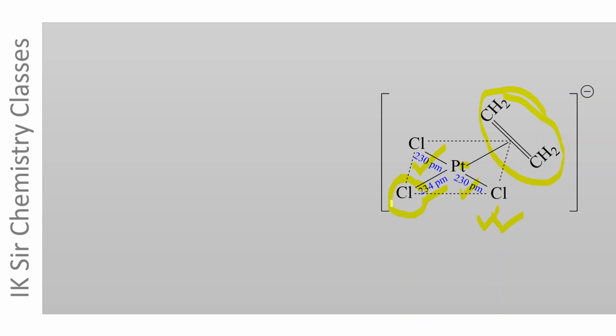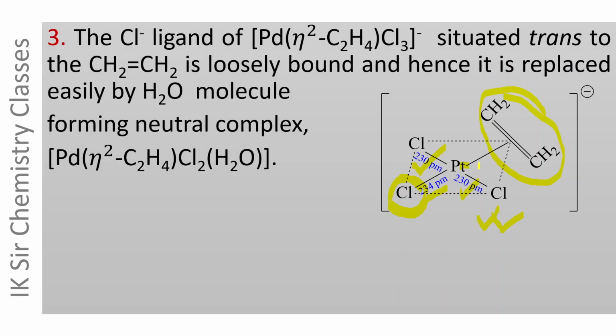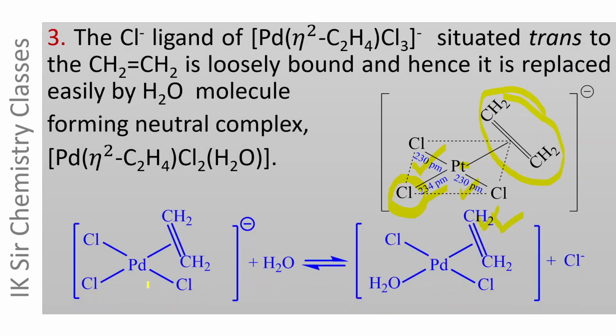This Cl- ion is bonded loosely to platinum 2+ ion, and the same situation is in the case of present complex ion. The Cl- ligand of this complex ion situated trans to ethylene is loosely bound, and hence it is replaced easily by H2O molecule, forming neutral complex.